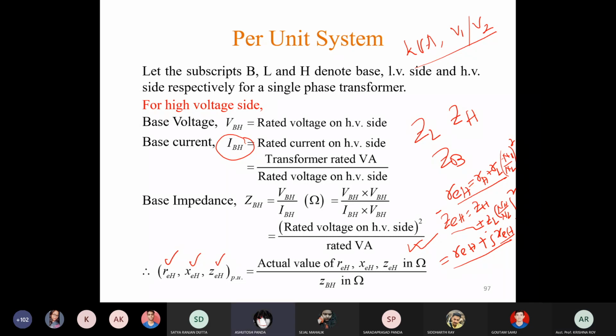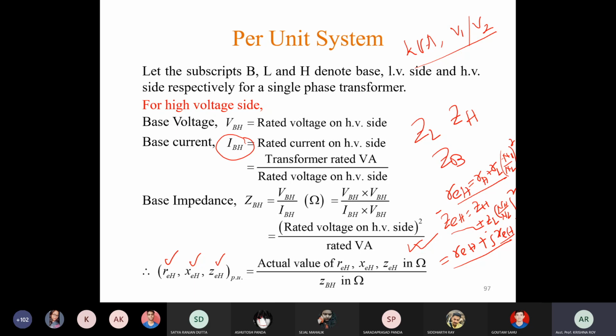Sir, one doubt. For voltage, if we are finding the per unit of V1, then we will use VBH. If we are finding criteria whose units are ohm, we use ZBH; if you are finding criteria with unit volt or ampere, for that we will use VBH and IBH. For the high voltage side, you have to use VBH.